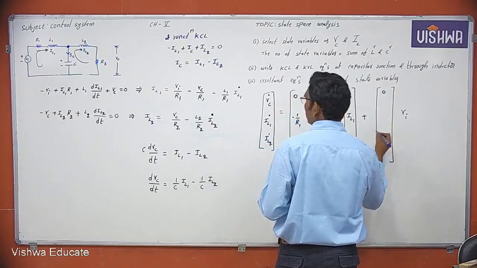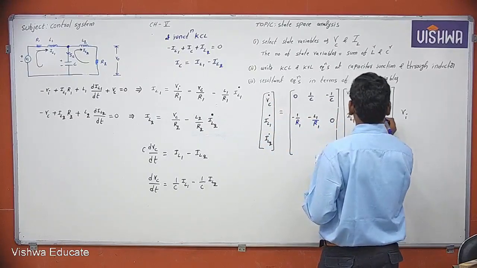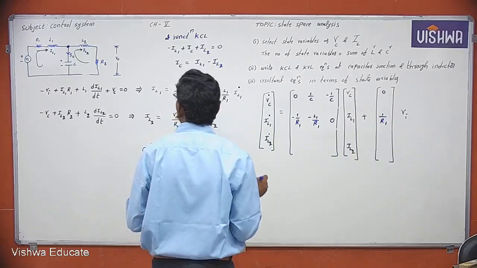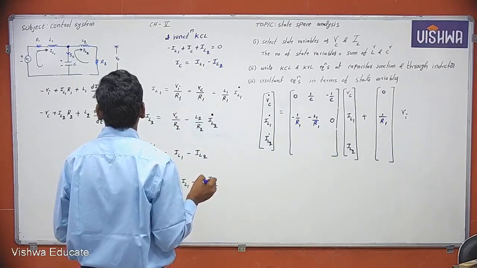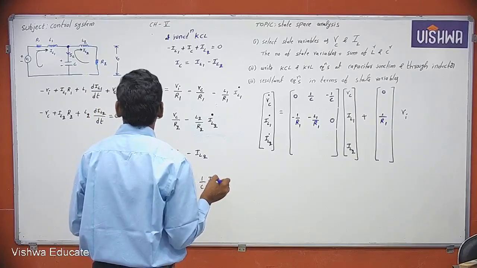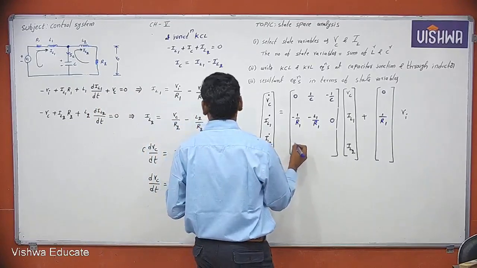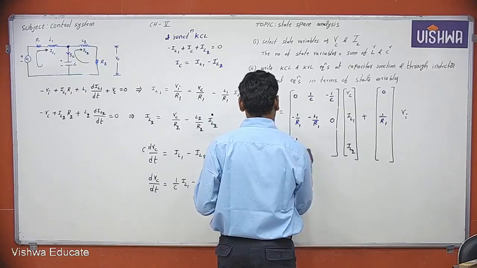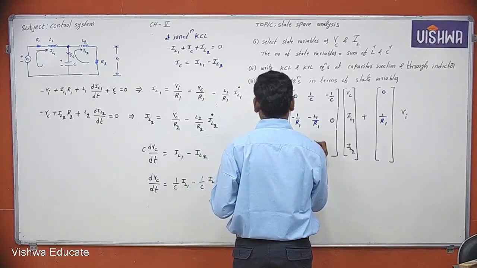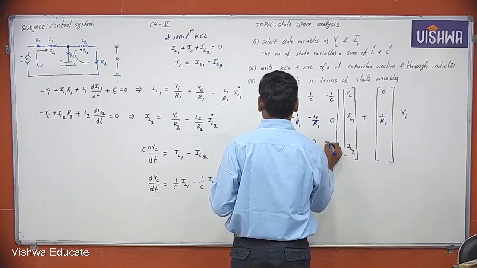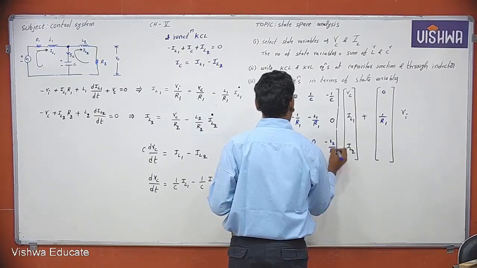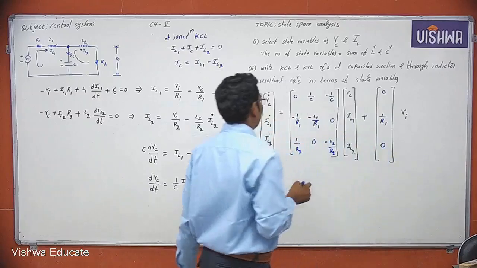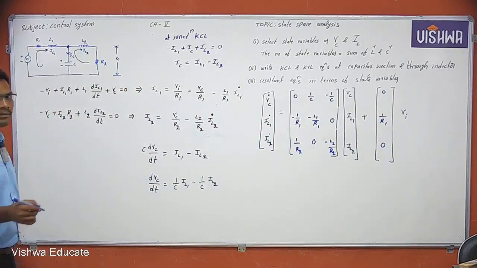Now here A is 1 by R1. Right, IL2: Vc is 1 by R2, IL1 is 0, IL2 is minus L2 by R2, and Vi is also 3. Now this is the A matrix and this is the B matrix.